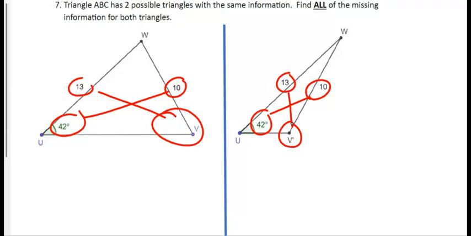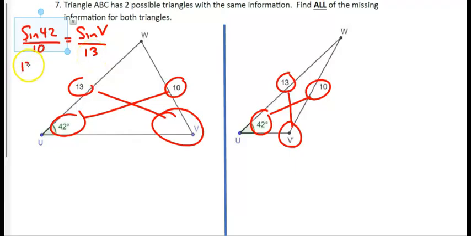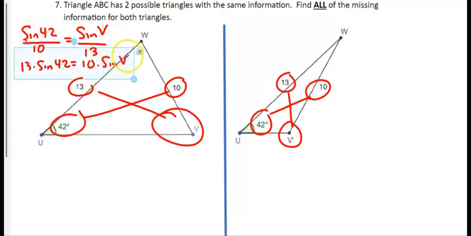So to do this problem, we're going to use law of sine. So sine 42 degrees over 10 is equal to the sine of angle V over 13. Then we're going to cross multiply, and then divide by 10.